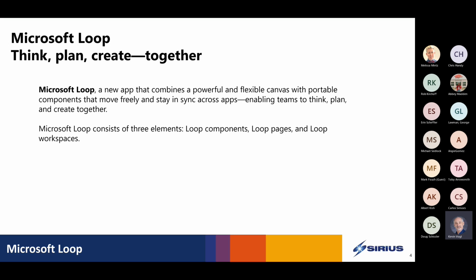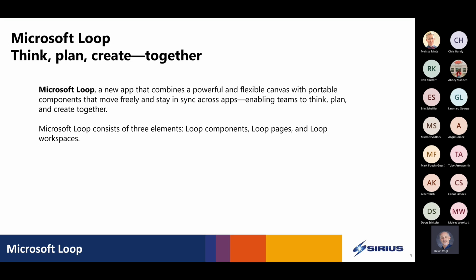Things like Teams are going to be able to take advantage of it. Dynamics is another area that they're going to really build into this. And it really consists of 3 different pieces: Loop components, Loop pages, and Loop workspaces. So we'll break that down for you so you understand the differences between all of them.